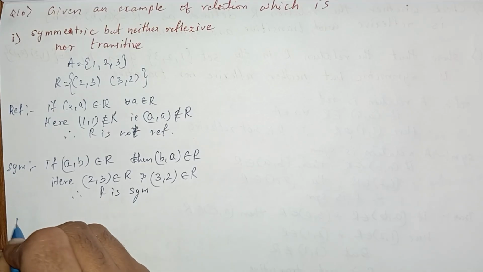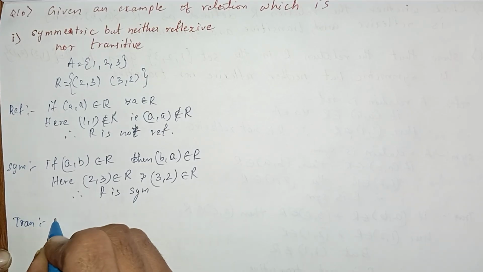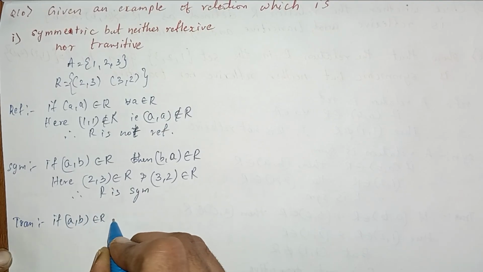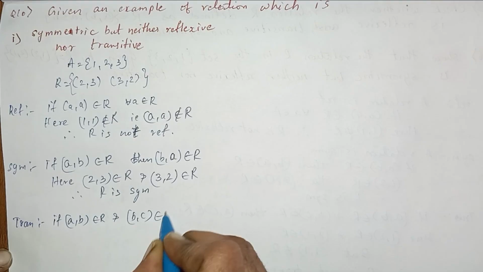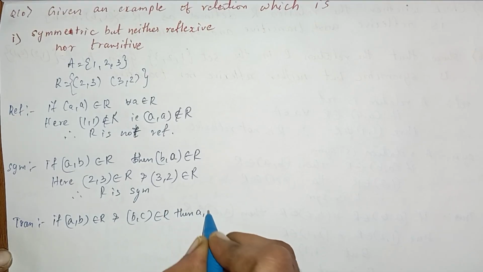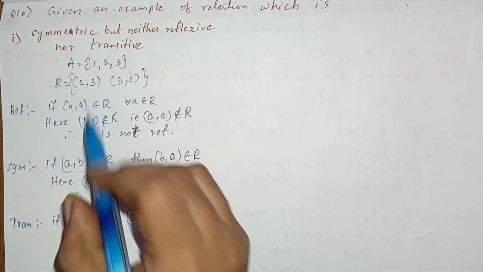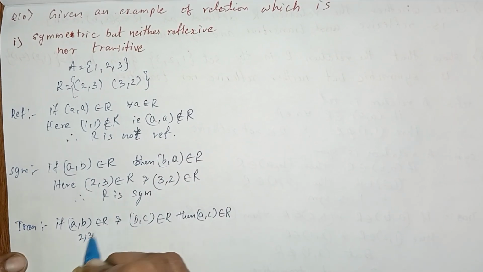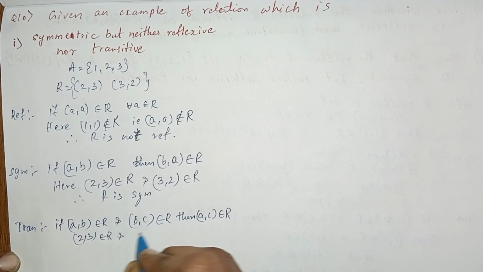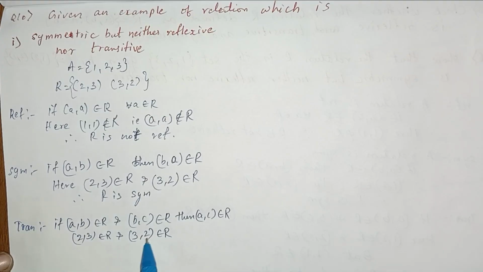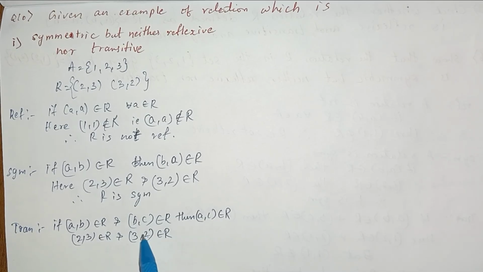Next we have to prove for transitive. First we write the condition: if (a, b) belongs to R and (b, c) belongs to R, then (a, c) should also belong to R. Here (2, 3) belongs to R and (3, 2) belongs to R, so (2, 2) should also belong to R, meaning a is 2 and c is also 2.